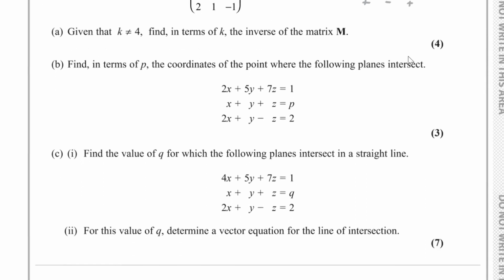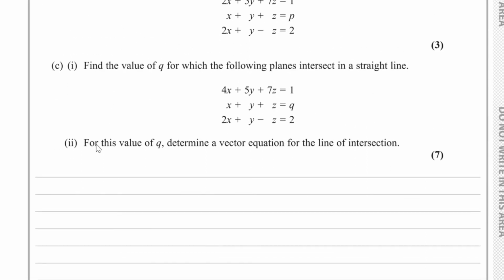Now, the first step when finding the inverse of a 3 by 3, let's just write this down, step 1. That will be to find the determinant. Okay? So we will find the determinant of M. So how do we do this? Well, let's just box this.